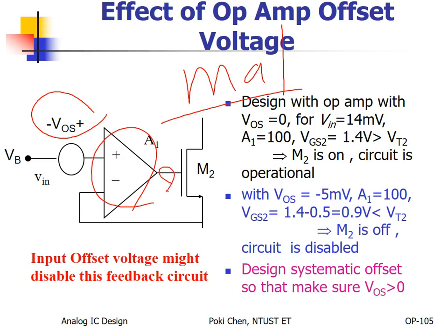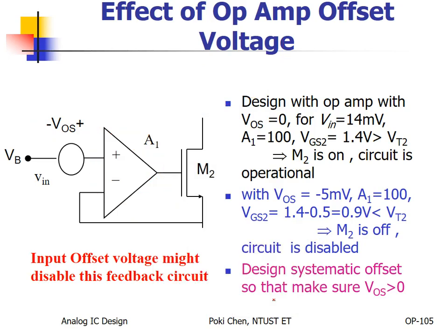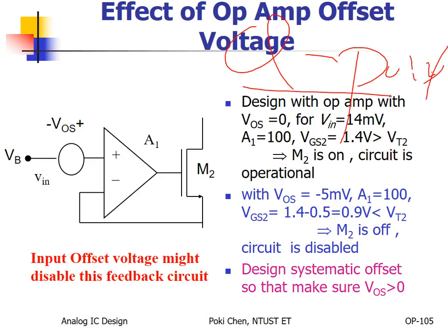If it is negative, then according to the amplification, for your normal Q point, quiescent point analysis, HSPICE will tell you how much voltage here and how much voltage there. But HSPICE has no idea about VOS.